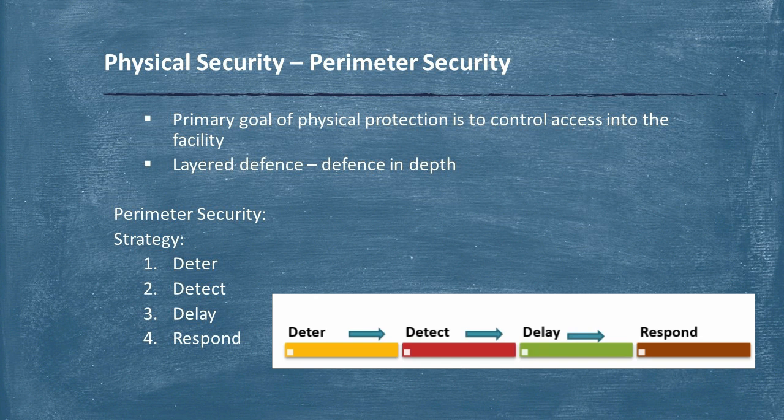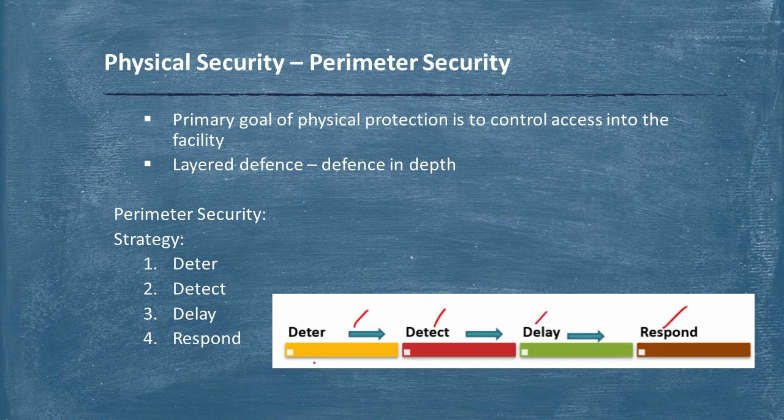What that means is the facility is segregated into different layers, and each layer will have a protection applicable to that layer. Now, in general, for perimeter security, what should be the strategy? The first one is to deter, then detect, and then delay, respond.